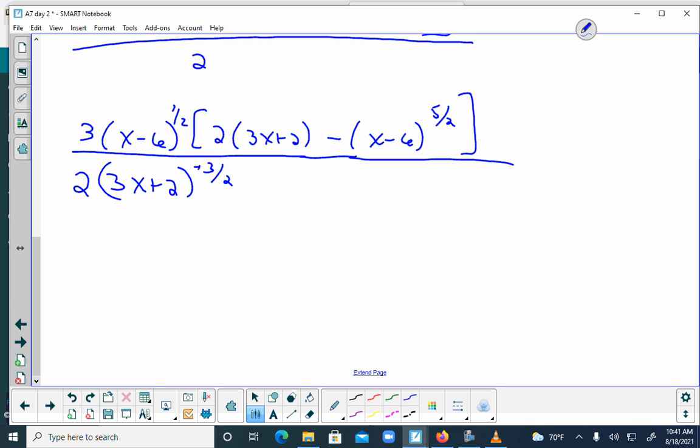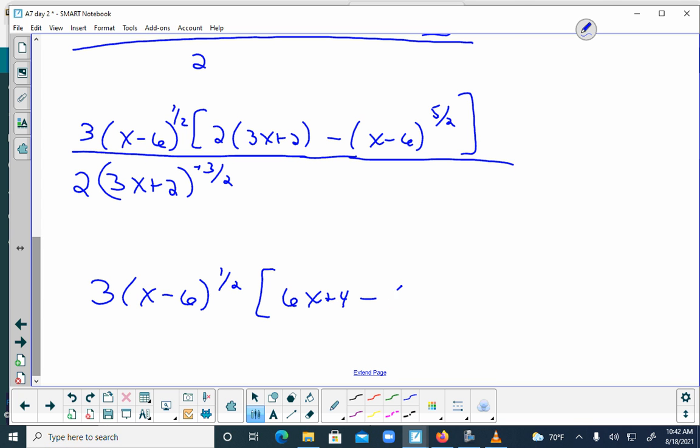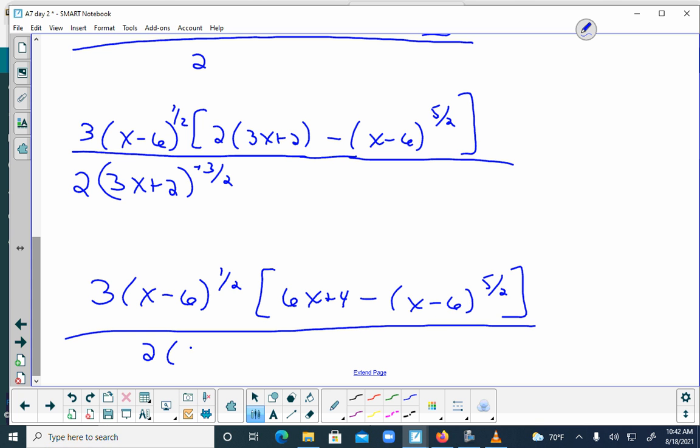All right. So now, when I do this, 3x plus 2 to the 1/2, yes? And then this is going to be times 6x plus 4, minus x minus 6 to the 5 halves, all over 2 times 3x plus 2 to the 3 halves.